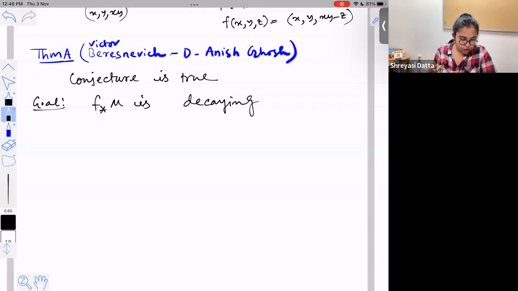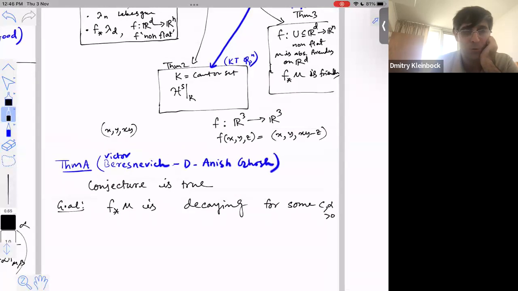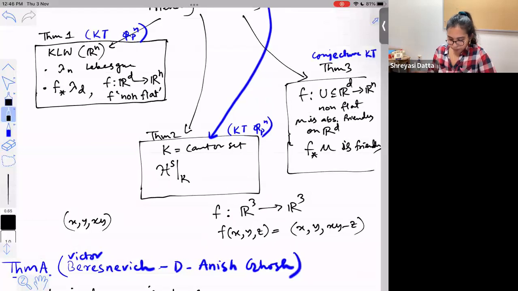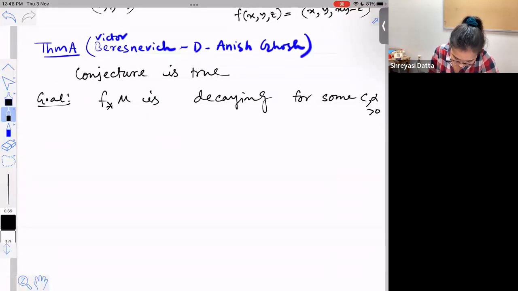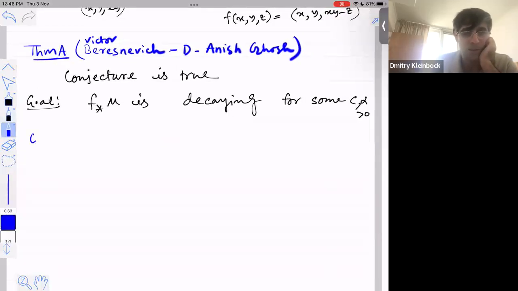Can you remind me again what my conjecture is? What is the assumption on mu in this theorem? Yeah, so maybe I should write it down. It has been a long time. You can just write the theorem that we proved.